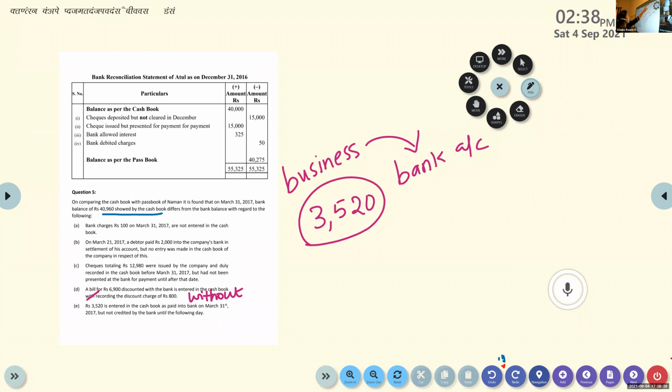So, when the business wanted to deposit it in the bank, it showed that that much amount is gone from the business, but it will be received in the bank account. So this 3,520 was recorded in the cash book as deposited.